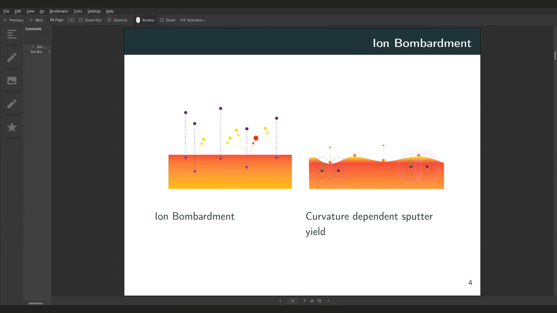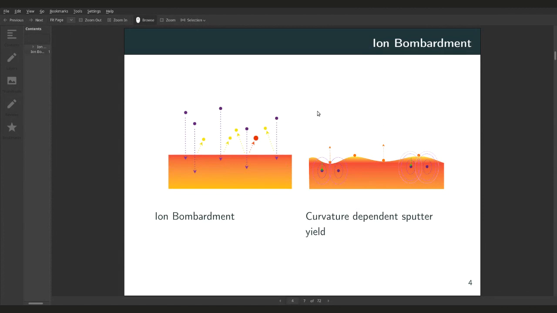The flat surface is unstable, and so any small perturbation or noise can lead to the spontaneous emergence of patterns, and these patterns will either continue or smooth out depending on the conditions. One of the things at play here is curvature-dependent sputter yield.